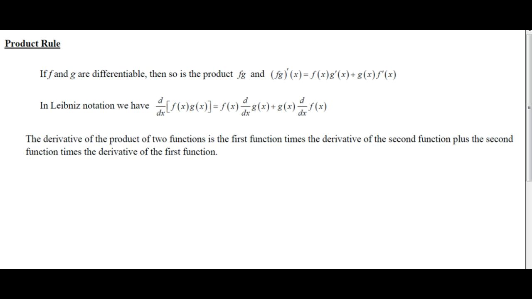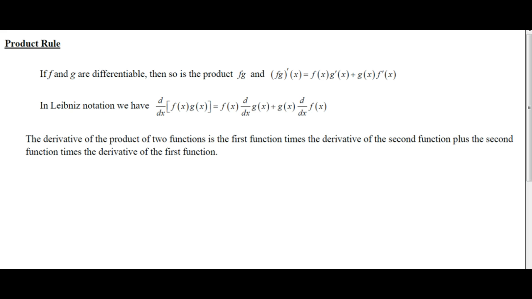Product rule. So how do we handle this? How do we find the derivative of a product? If f and g are differentiable, then so is the product, fg. And fg prime of x is equal to f of x, so just think the first function, times g prime of x, the derivative of the second function, plus g of x, the second function, times the derivative of the first.